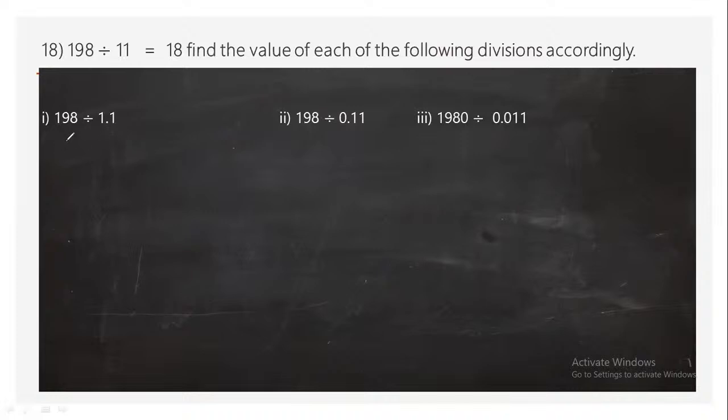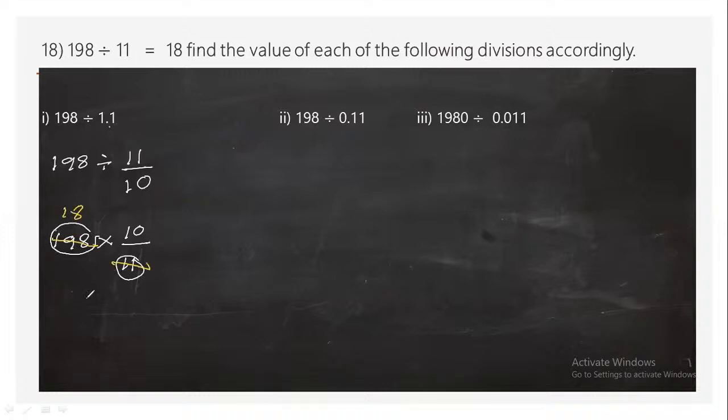So it is easy for you to do like this. 198 divided by 1.1, 1 decimal place, at the denominator 10. 198, then write the reciprocal with multiplication sign, 10 over 11. Look at 198 divided by 11 given here. So the answer is 18. 18 times 10, 180.